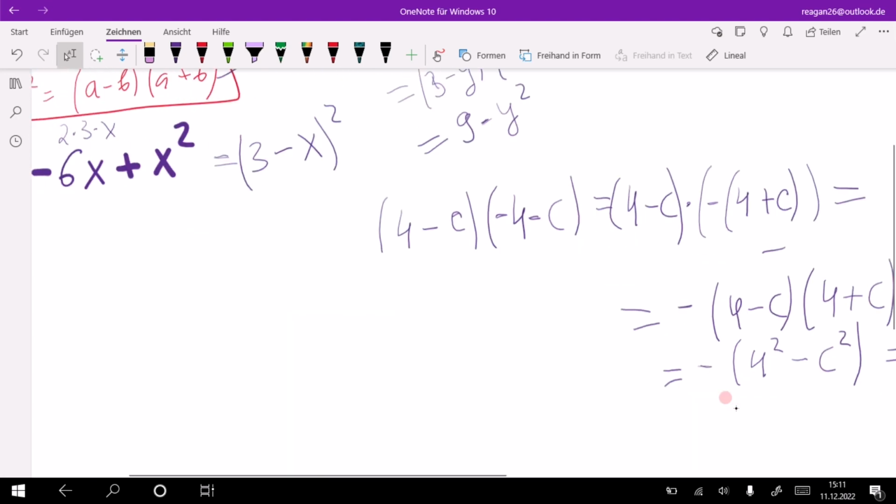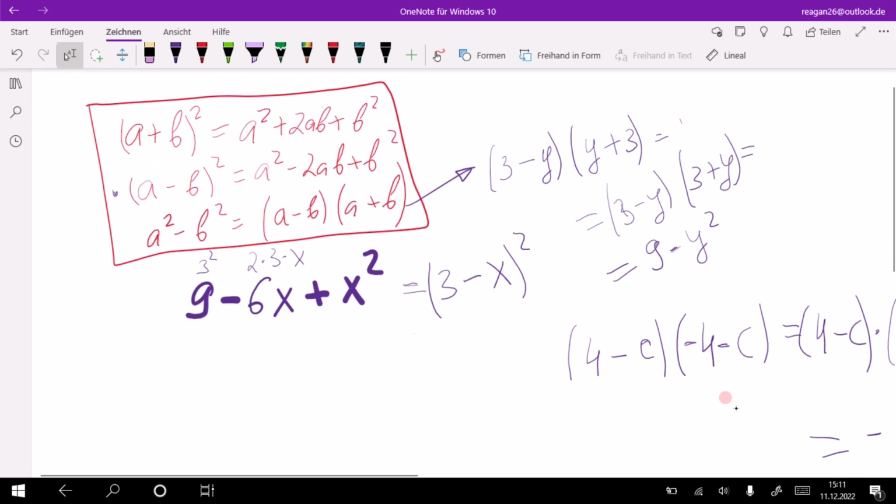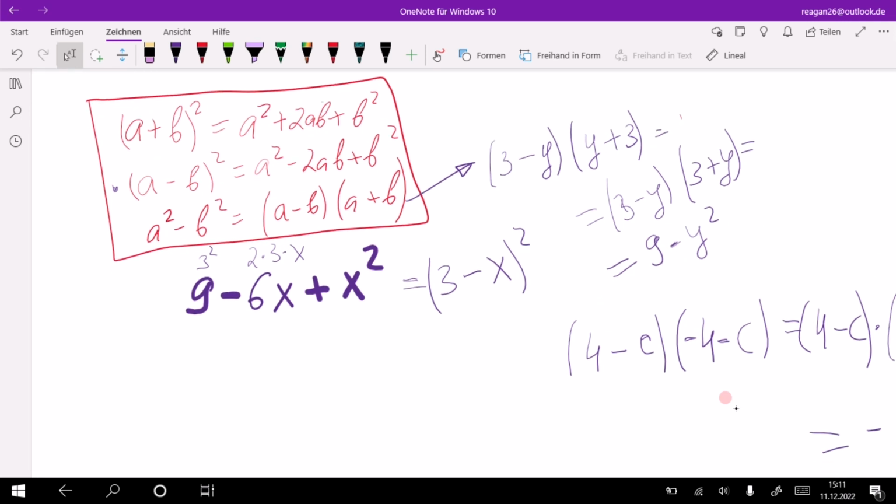And of course we will talk about these short multiplication formulas in my next videos, because this topic will be used in different other topics in school math.